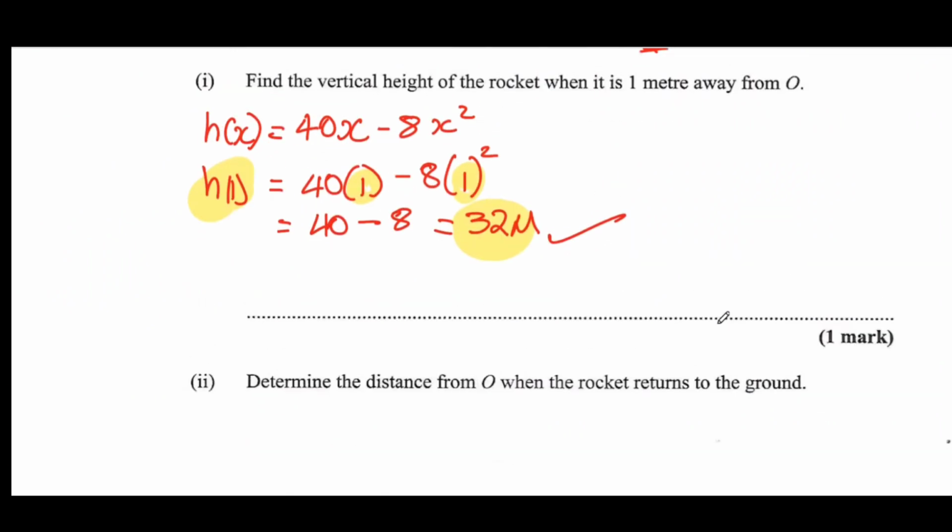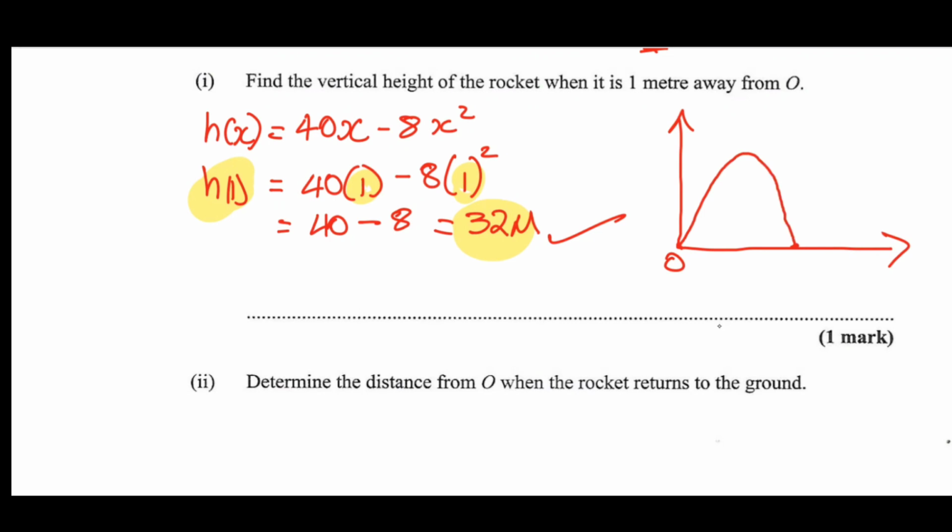The next question says determine the distance from O when the rocket returns to the ground. And we really want to look at the fact that this is our height, yeah? This is the distance from O. The rocket launched, at some point in time it reached its maximum, and it came back.